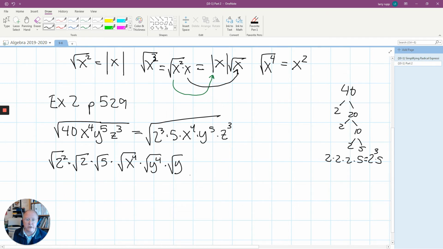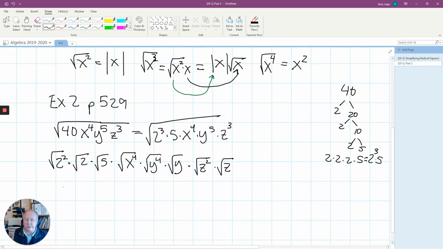Y to the 4th times y is y to the 5th, yes? And last but not least, we have z's, which we can break up into z squared times the square root of z. And all we really did was take these elements under the radical sign and take them out and break them apart.